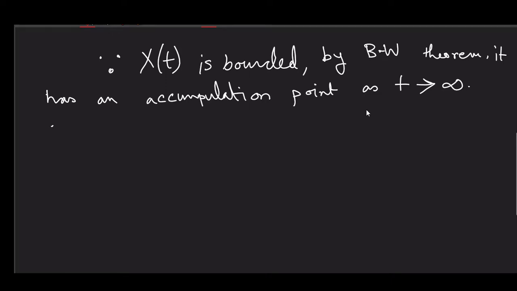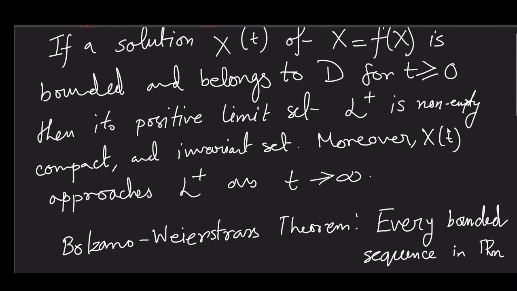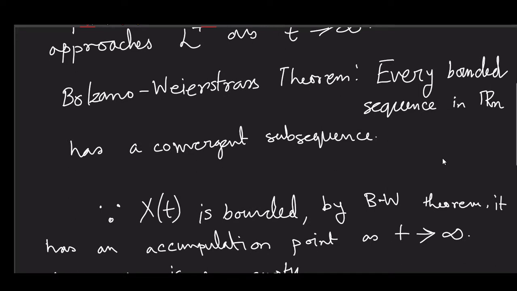Why are we claiming that? The Bolzano-Weierstrass theorem says every bounded sequence in Rn has a convergent subsequence.